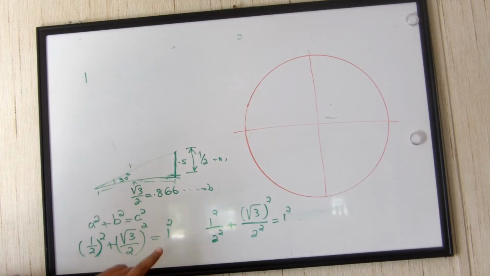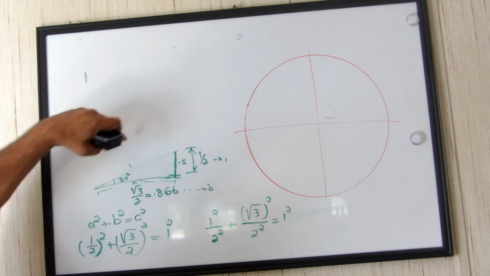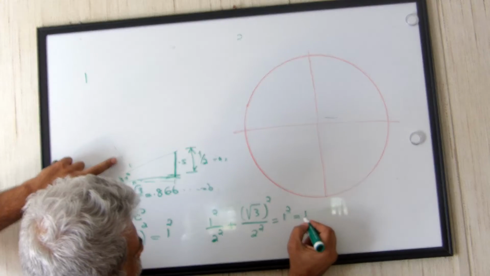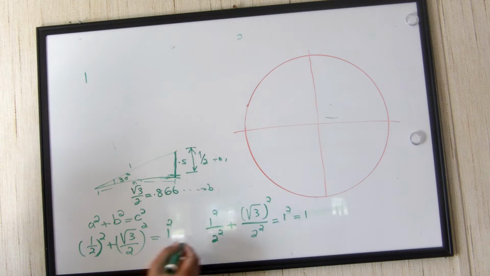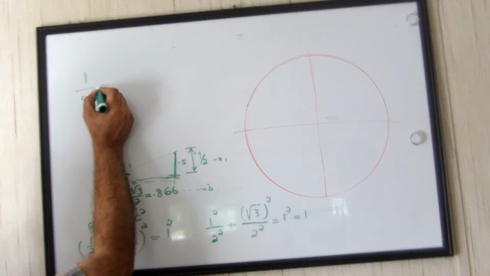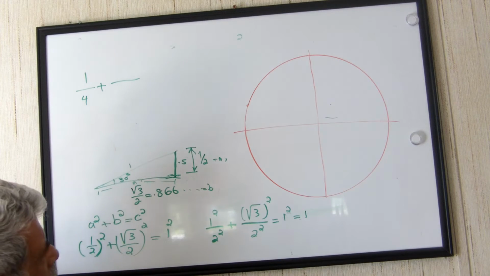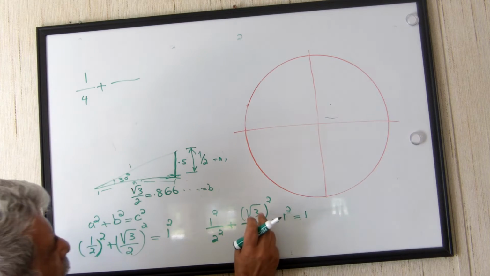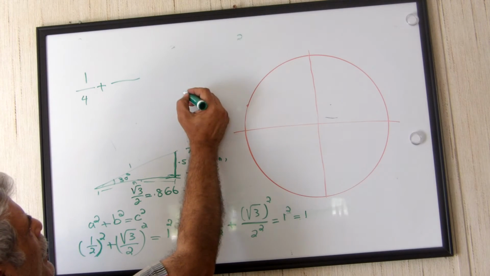So let's check to see if it's going to be equal to 1. 1 over 1 to the power of 2 is going to be 1, because 1 to the power of 2 is 1, and 2 to the power of 2 is 4, plus. Here we have a square root of 3.